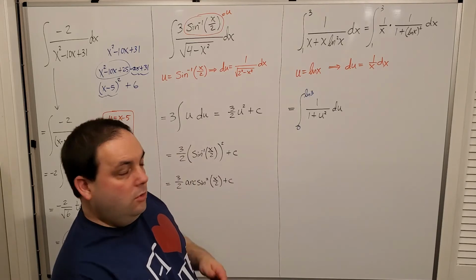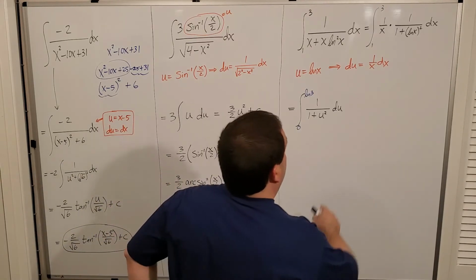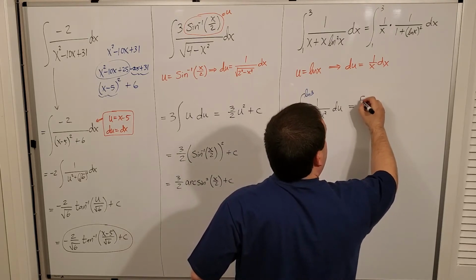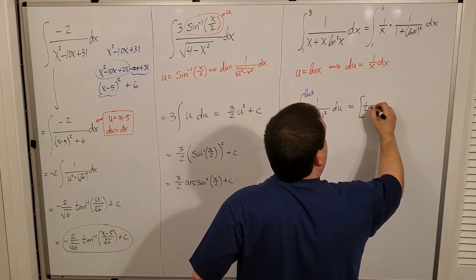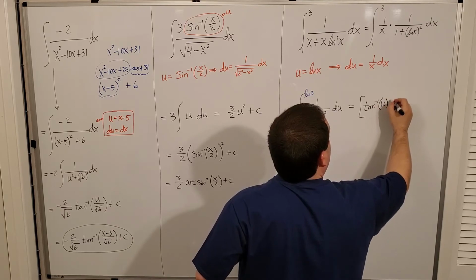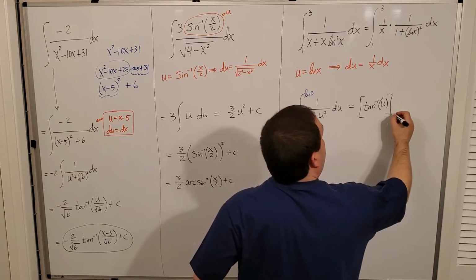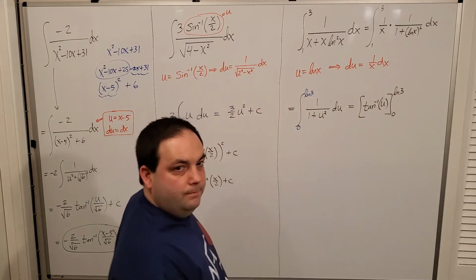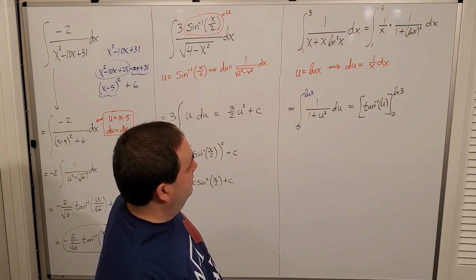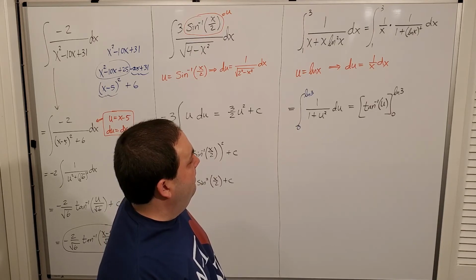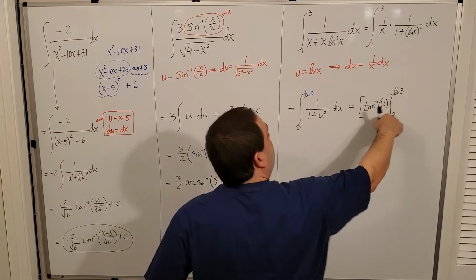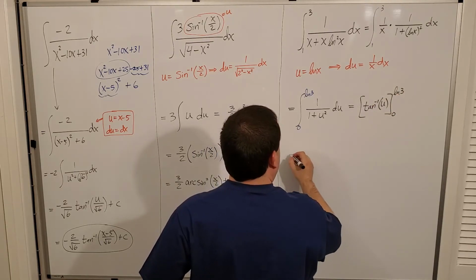Well, all right, so next step. The antiderivative here is just going to be arctangent, inverse tangent of u. And u varies from 0 to ln 3, right? All right. So then next, all I have to do is plug in top minus bottom.